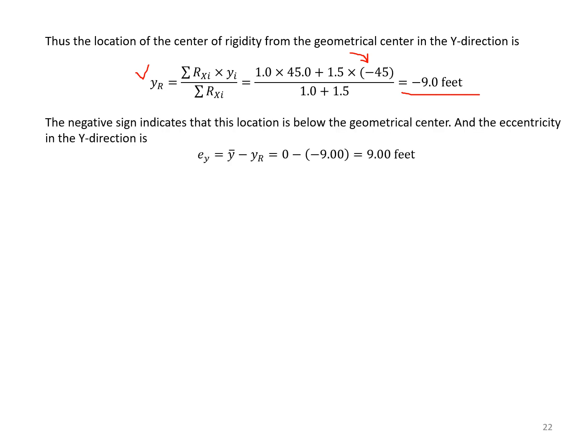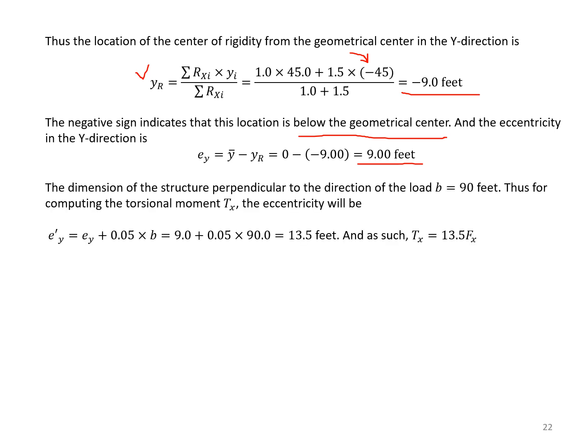So what does it mean? The negative sign indicates that this location is below the geometrical center. Therefore, the eccentricity from our equation is y bar minus y r. Y bar was 0, and that's the theoretical eccentricity. All right, so what's the eccentricity we use?